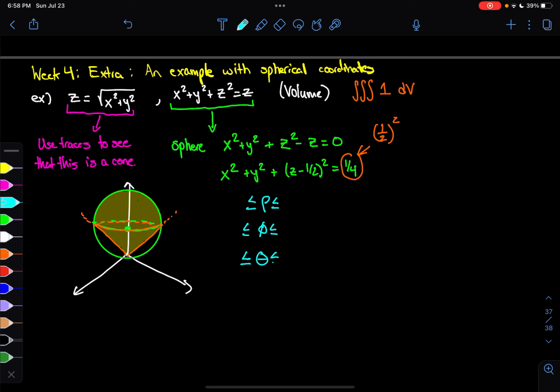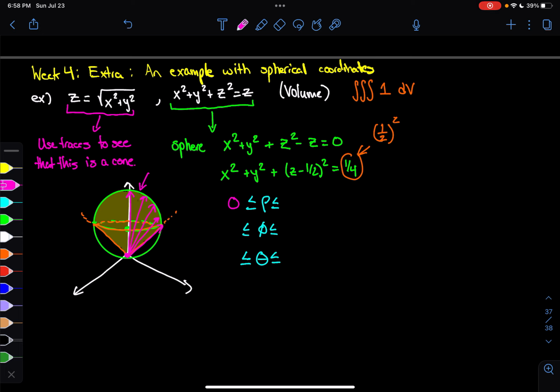Depending on how your brain works, you can think about this a bunch of ways, but the way I think about this is that starting from the origin, going straight up, there's my rho, and it needs to slide down from the z-axis until, as we can see, it lines up with the cone.